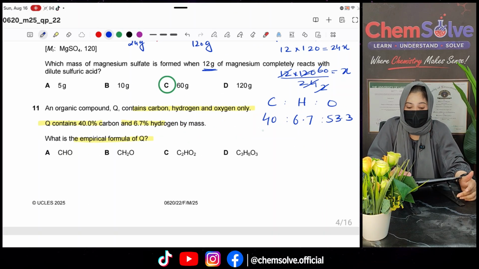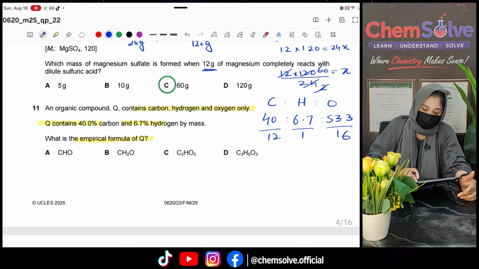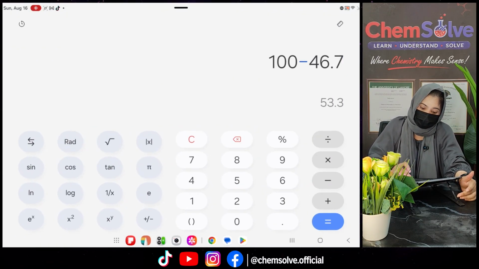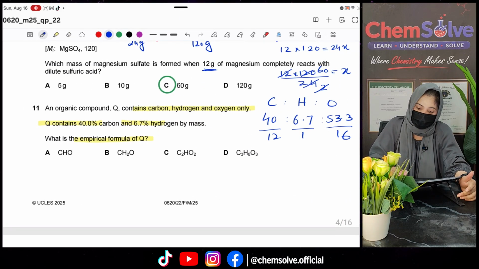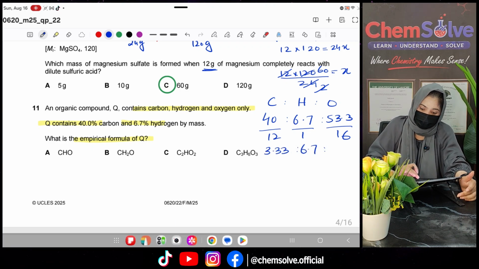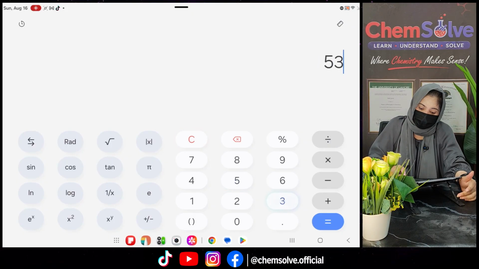What is the next step? We will divide them by their molar masses. So for carbon, 40 divided by 12, this is 3.33. This would be 6.7 as such. 53.3 divided by 16.